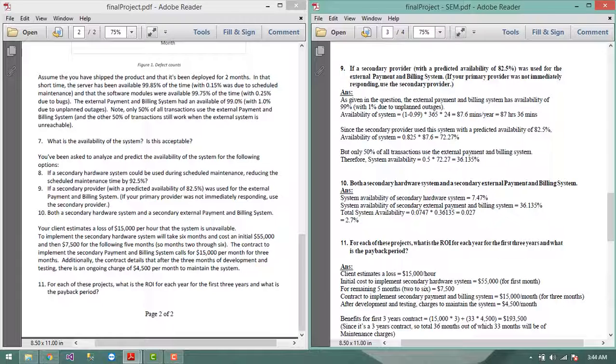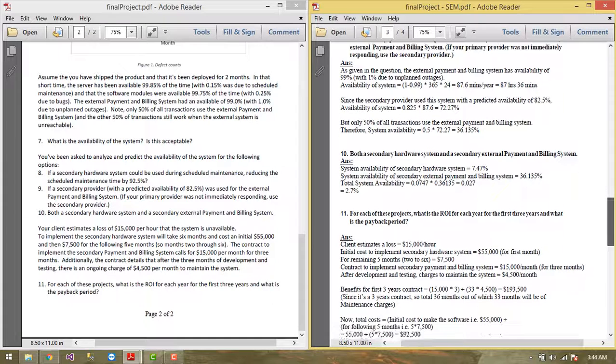So it should be 87.6%, and the system availability for the secondary provider used in the system will be 0.825 times 87.6, that will be 72.27%. But only 50% of all transactions use the external payment and billing system, so therefore the system availability would be 0.5 times 72.27, that is 36.135%.